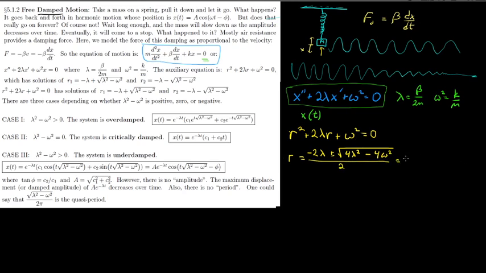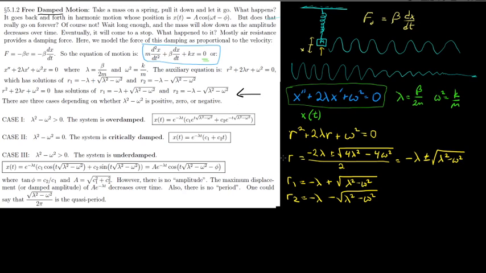You simplify all that, and you just get negative lambda plus or minus the square root of lambda squared minus omega squared. So we get two solutions: r1 is negative lambda plus the square root of lambda squared minus omega squared, and the other solution, r2, is negative lambda minus the square root of lambda squared minus omega squared.